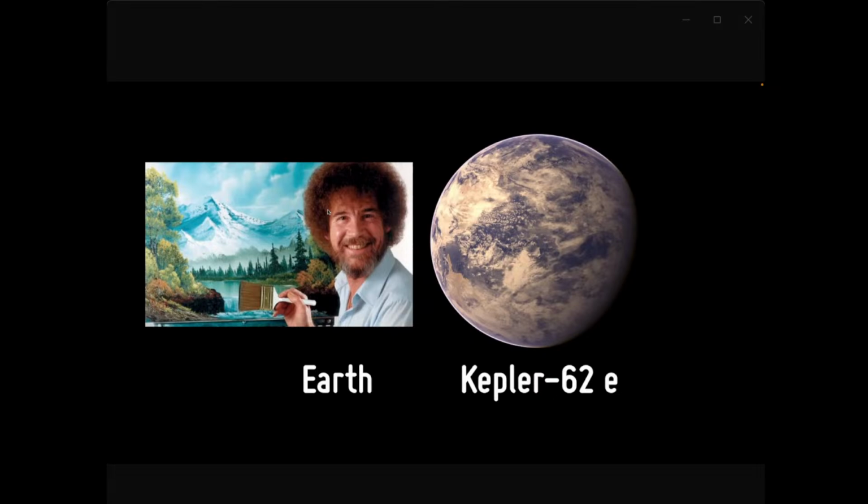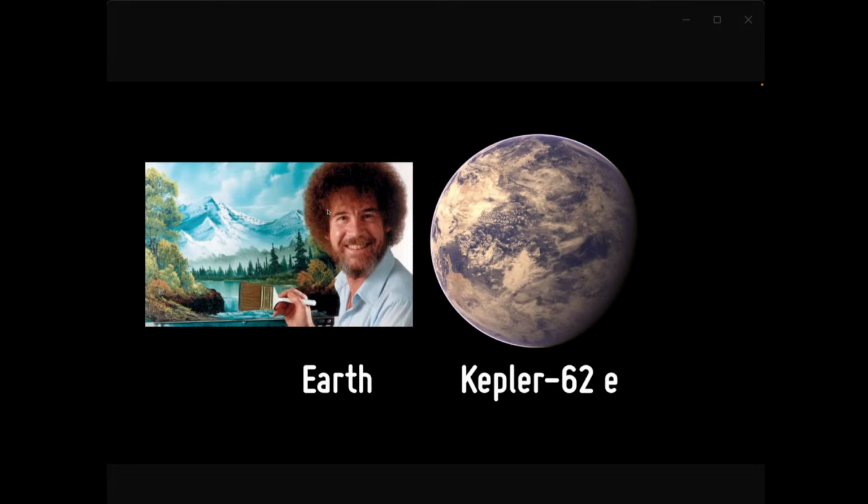Artists, when they're creating a canvas, when they're creating something, they tend to use references. They look at examples as they create whatever work they're working on. And so what the artist has done, and sadly, this is not Bob Ross that has painted Kepler-62e, but what they've done is they've looked for examples of similar places in our own solar system and happening upon the Earth, and thinking that similar processes must be occurring on Kepler-62e, you get this lovely picture.